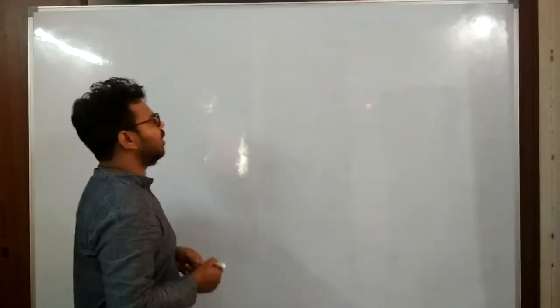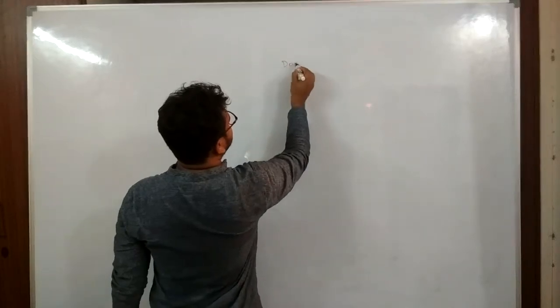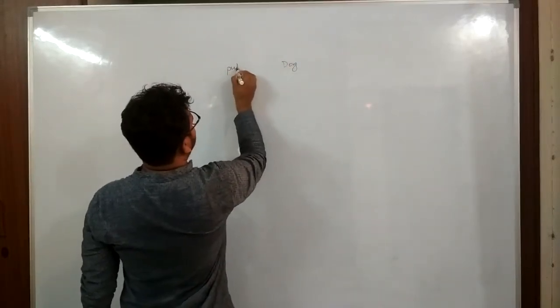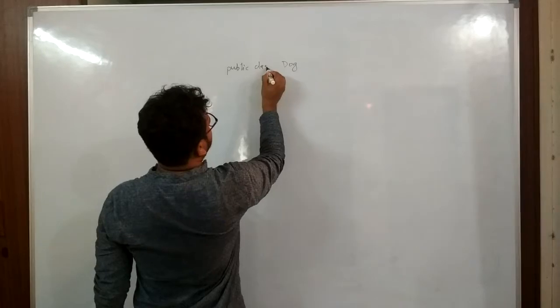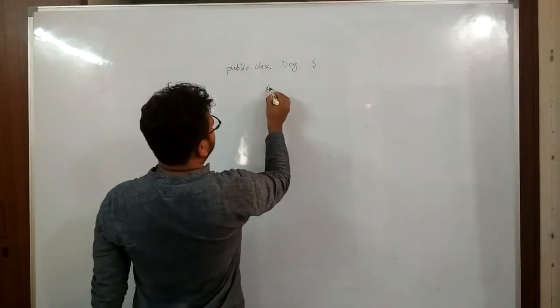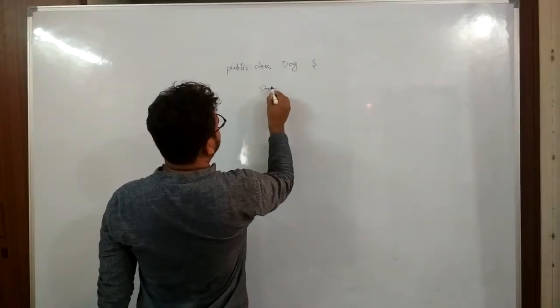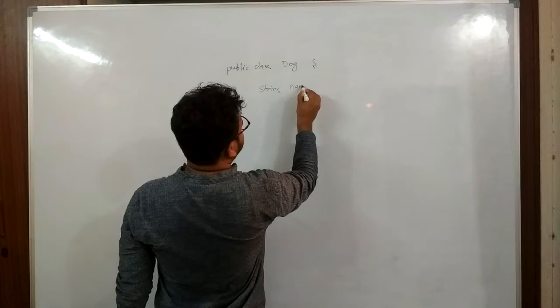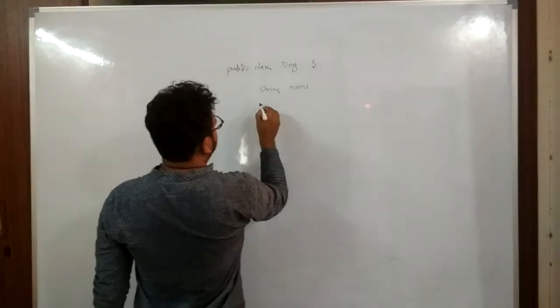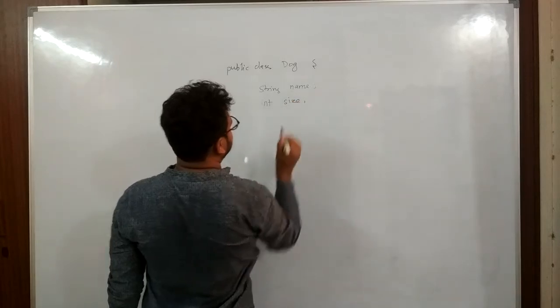What are members of a class? Suppose we have a simple class, public class Dog, with its name and size. The name is String name, and the size is int size.